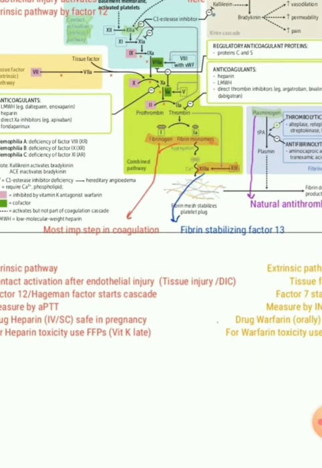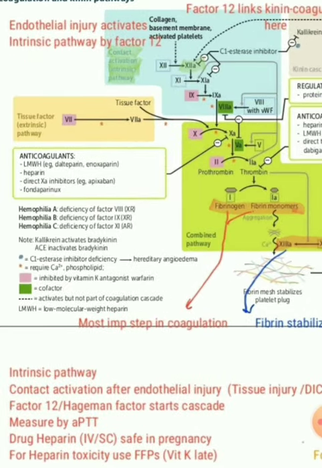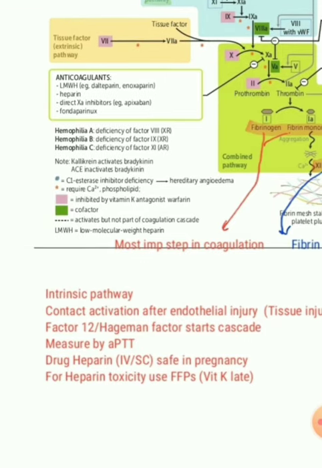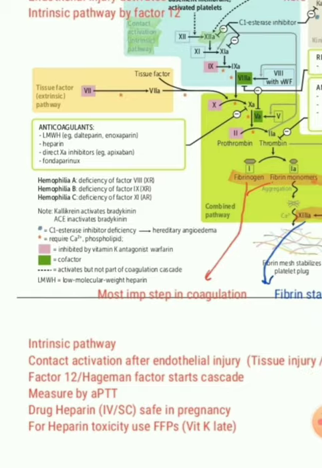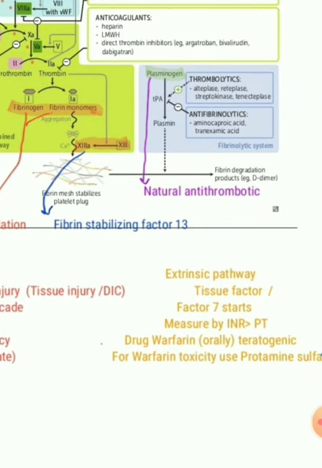And you do not have to remember all these steps, but you just have to remember a few things, that from where it starts, the intrinsic pathway from factor 12, and it has all these characteristics given down, and the extrinsic pathway from factor 7, and it has all these characteristics.